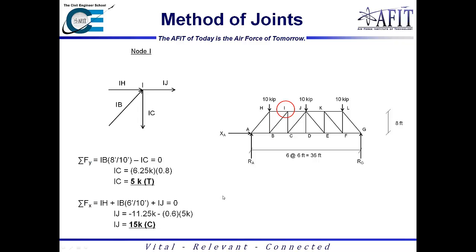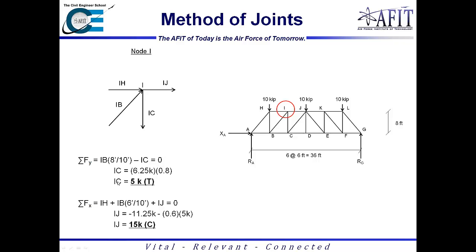Moving up to node I, we have IH, which is known, we have IB, which is known, and then we have IC and IJ, which are unknown to us. So we'll be solving for these two using our two equations. Summing the forces in the y direction, we have the y component of IB and IC. We have this one acting in compression, and this one acting in tension, or assumed tension at this point.